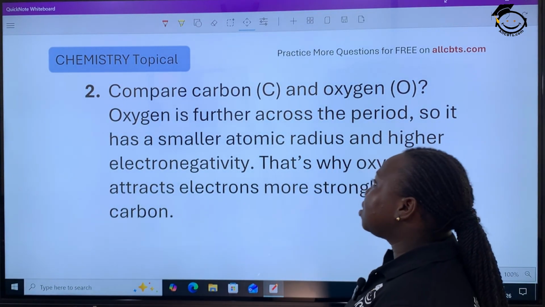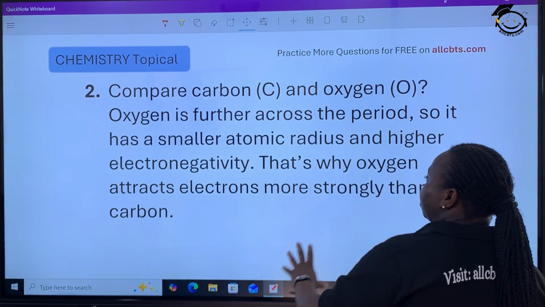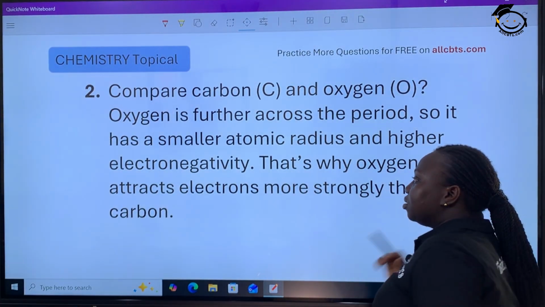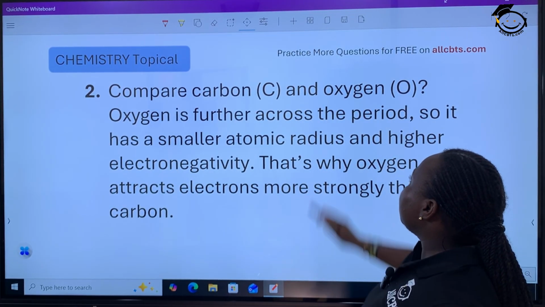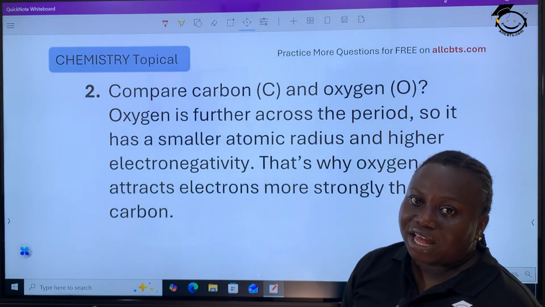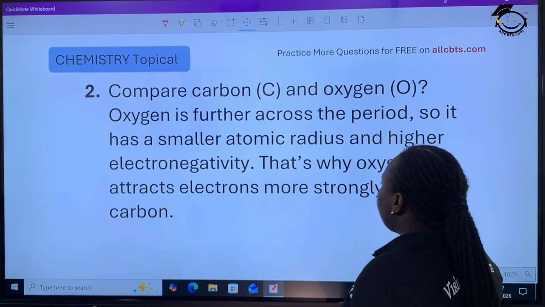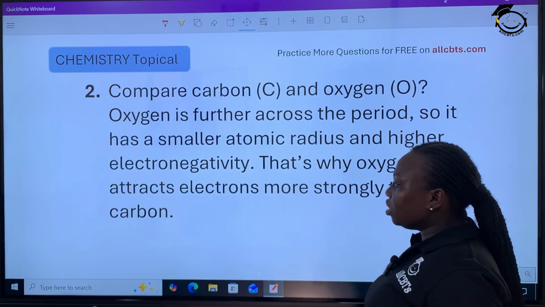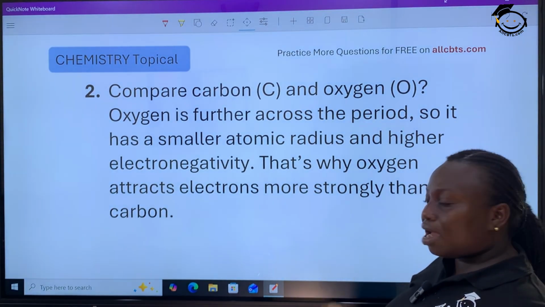And don't forget that going across the period, the radius is getting smaller and electronegativity is increasing. Since oxygen is further than carbon, oxygen is smaller than carbon, and it is also more electronegative than carbon. These electronegative atoms have the ability to attract electrons more strongly. That's why oxygen attracts electrons more strongly than carbon.